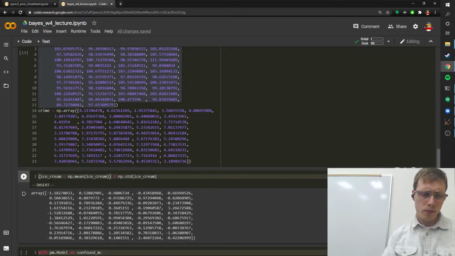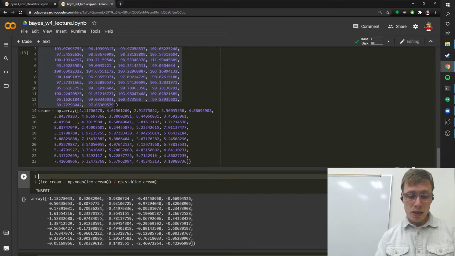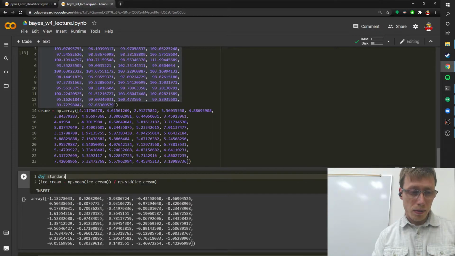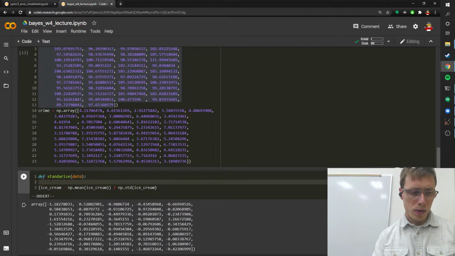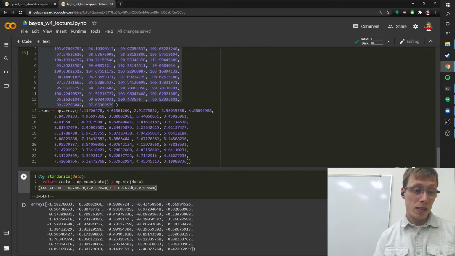One thing that we can do is, since we're going to be standardizing a lot of data, we should probably just make a function for it. We'll just call it standardize. We'll pass in the data, and then we'll just say return data minus np.mean of data divided by np.std of data.